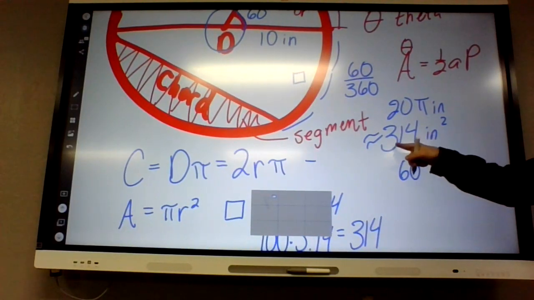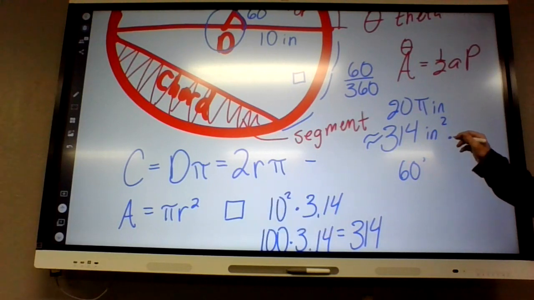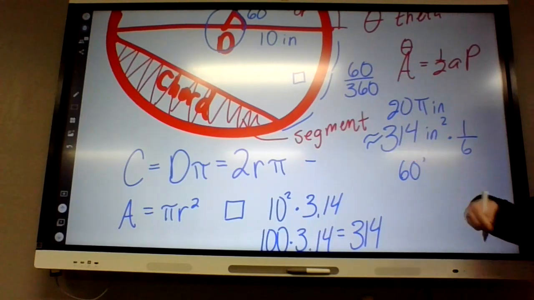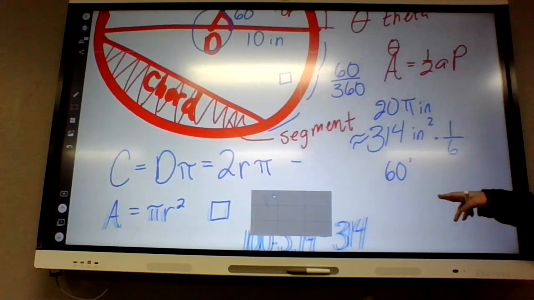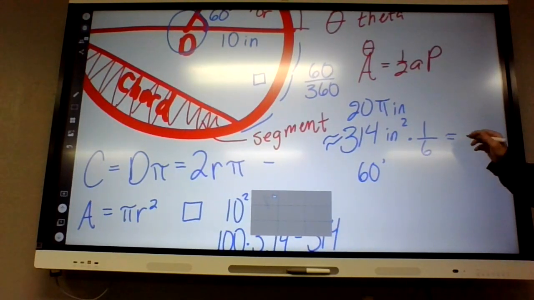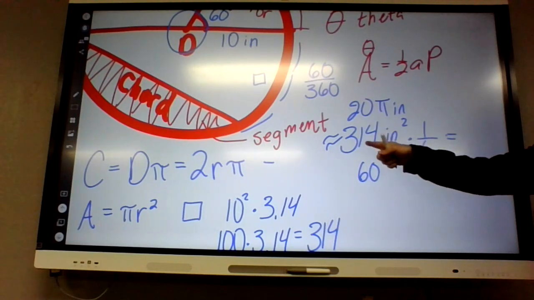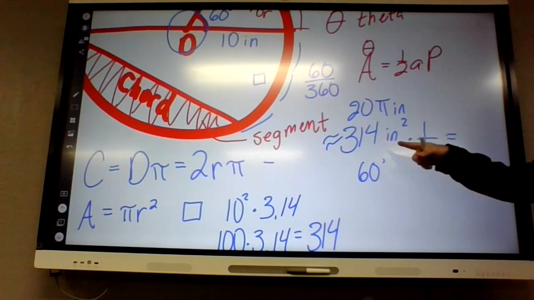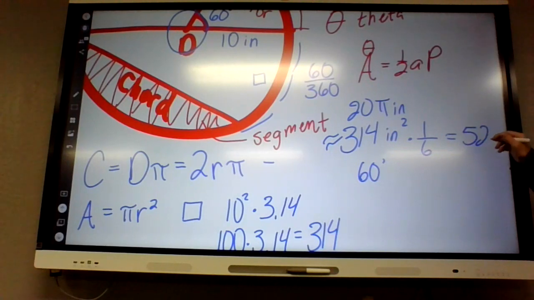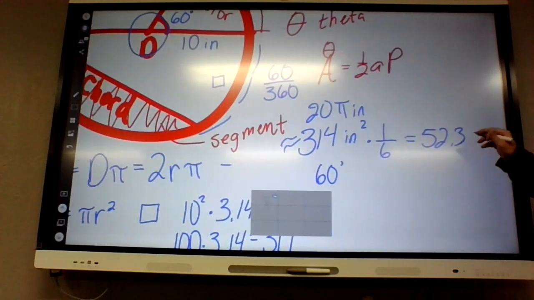So if we just took the area of the circle and then figured out what 1/6 of that is, that would give us the sector area. You guys get it? I'm going to write the formula down here in a second. So that would be roughly 52.3.